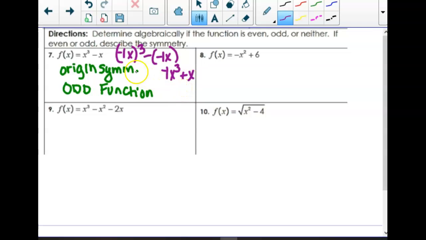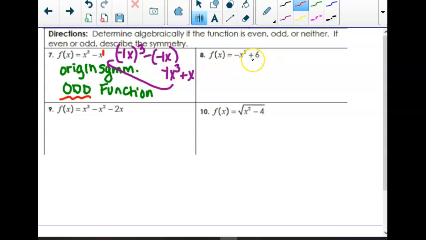Is that the exact opposite signs of what we started with? Yes. My question, what are the exponents on this problem? A 3 and how many x's are right here? A power of 1. So both exponent powers are odd, okay? That's a hint.